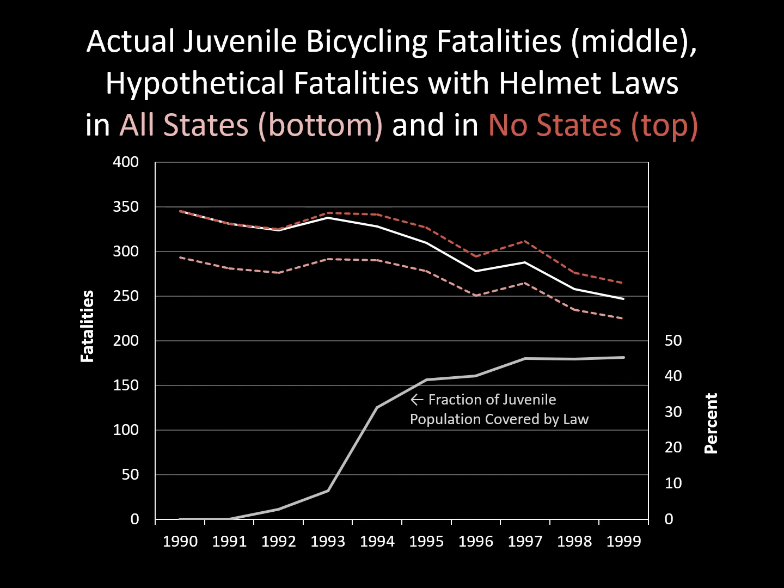And there's no reason to stop there. The policy implications are also in the exact same graph, whose second lower hypothetical, also a dashed line for clarity, estimates what fatalities would be if helmet laws were universal.